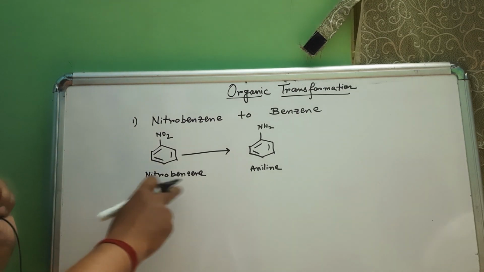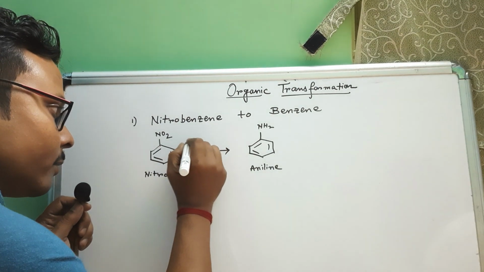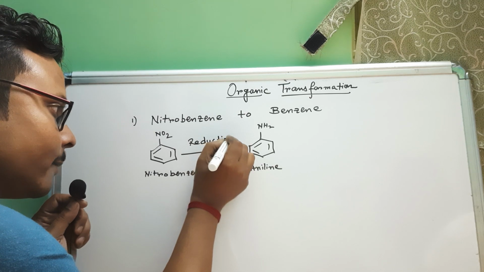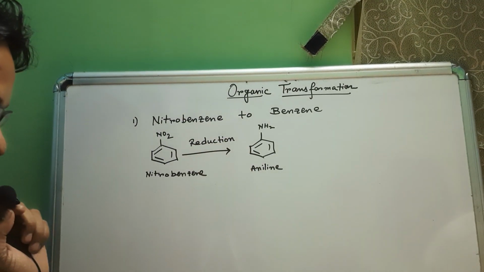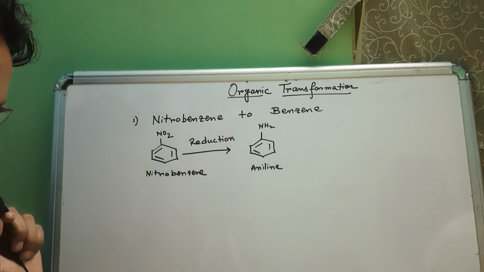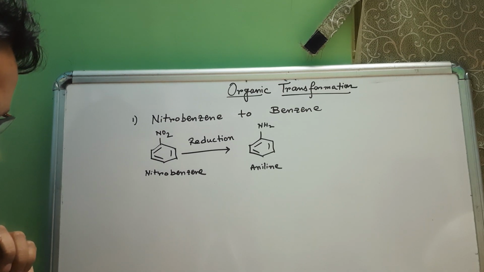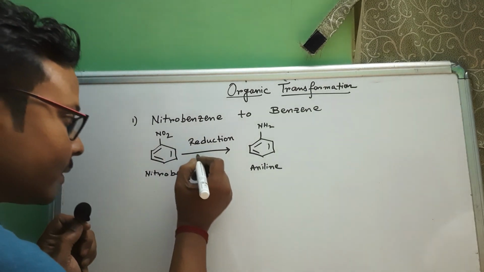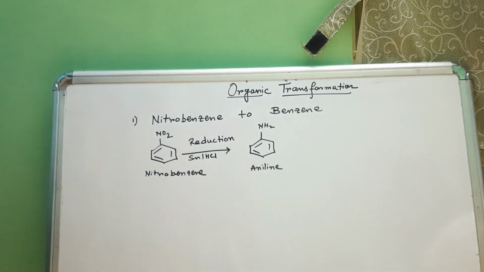So if we reduce nitrobenzene, you will get aniline. What are the reducing agents for aniline from nitrobenzene? We can use various reducing agents, but here we use Sn/HCl, tin in HCl reduction.